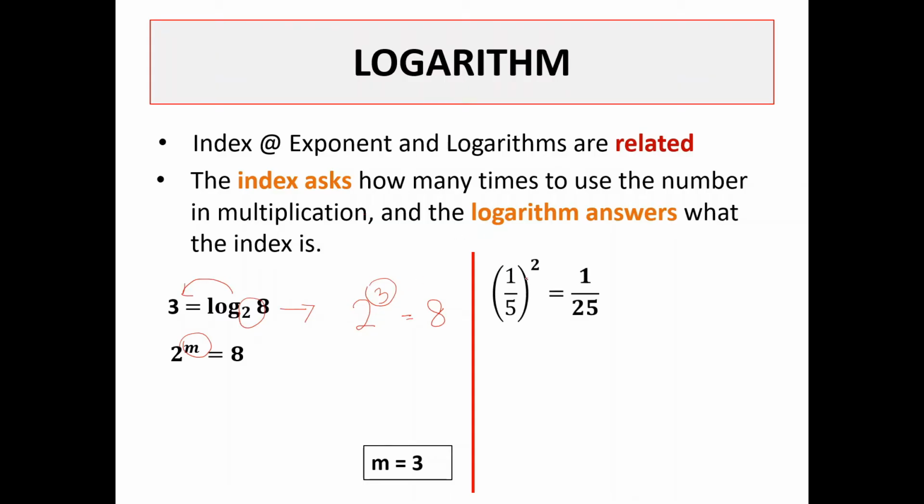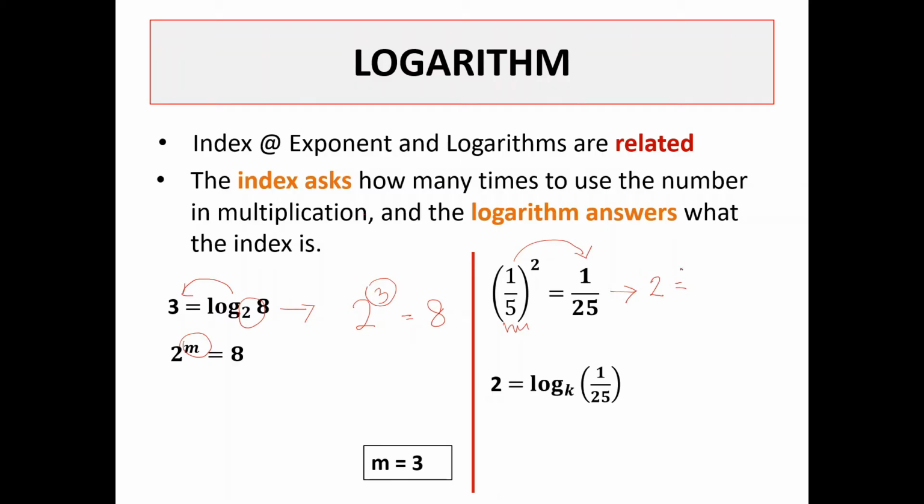Next example. If we are given (1 over 5) to the power of 2 equal to 1 over 25, and 2 equal to log 1 over 25 base k, from this index form we can read that 1 over 5 is the base. It goes to the other side and becomes the base for the log, while 2 remains in its position.